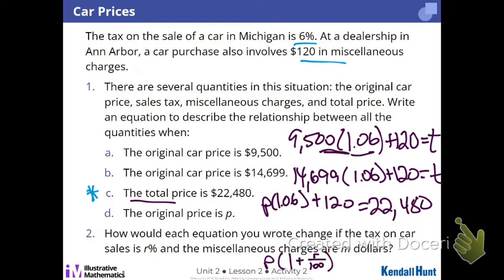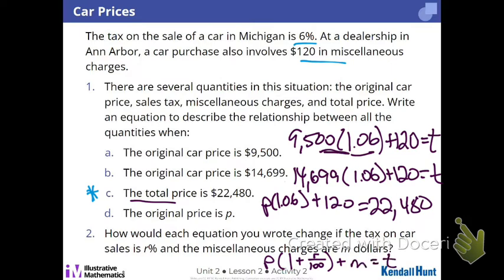That's what percent literally means, per 100. So this 1 plus R over 100 would give us our 1.0 whatever, or if it's 12% tax, 1.12 and so on. Then I need to add on my $120. Oh no, sorry, miscellaneous is M to get a total.